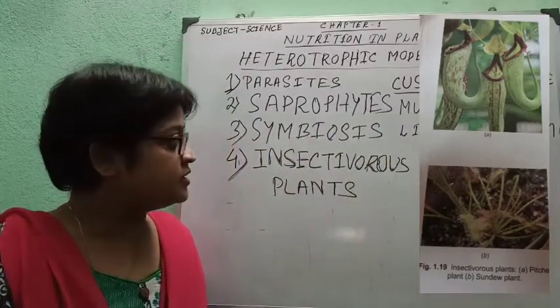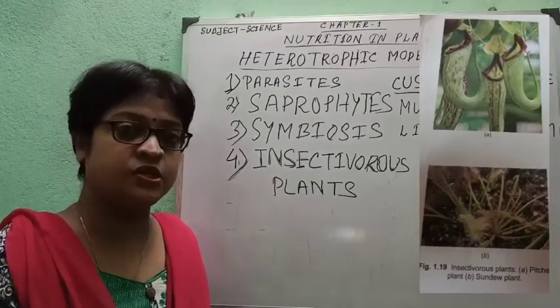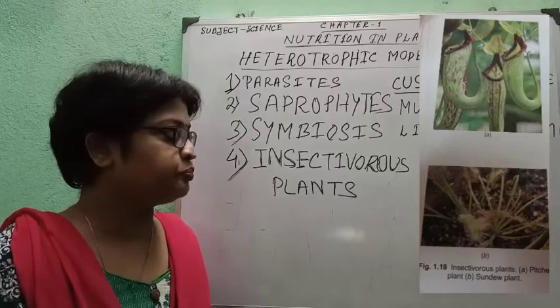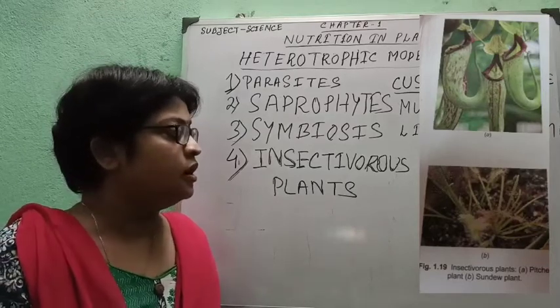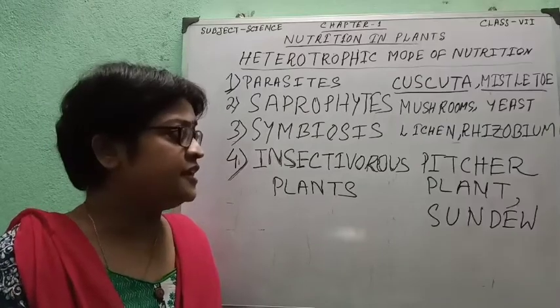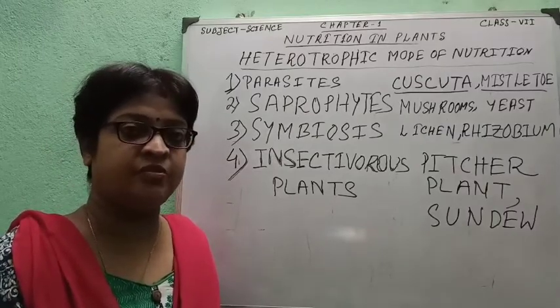Examples of insectivorous plants are pitcher plant and sundew. Some plants feed on insects to fulfill their nitrogen requirement.